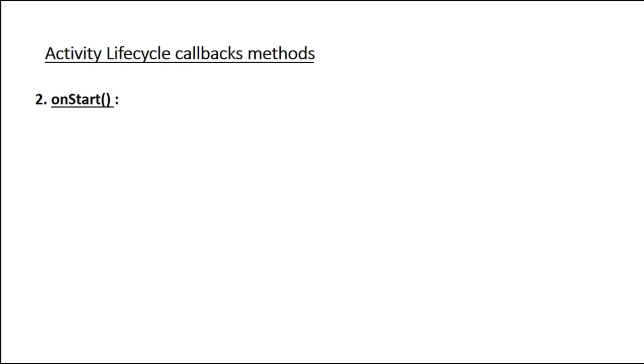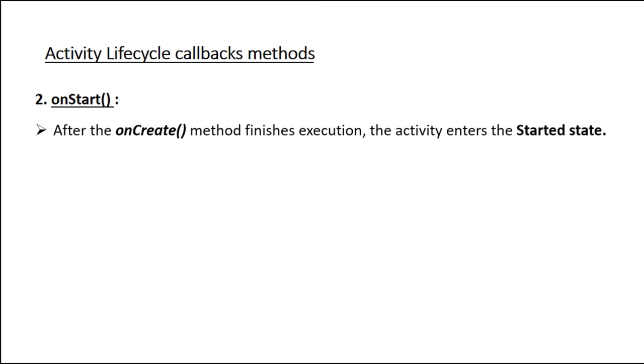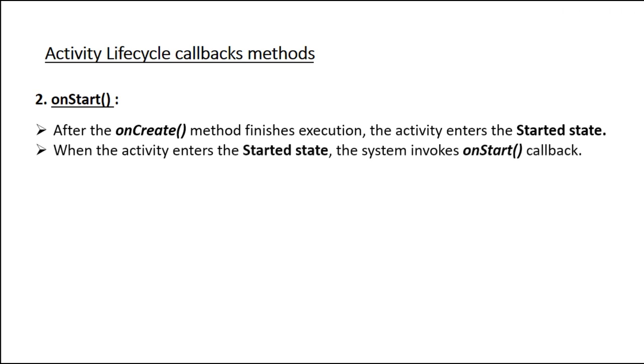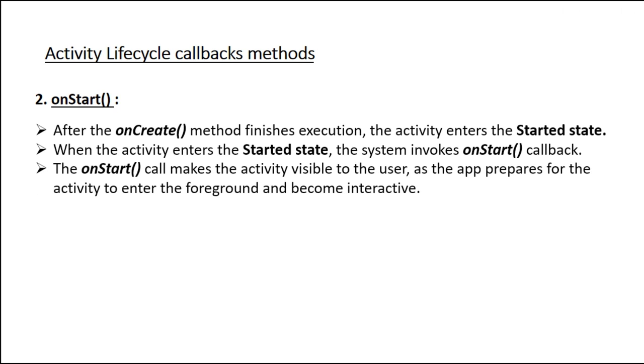Now the second method is onStart. After the onCreate method finishes execution, the activity enters into the started state. When the activity enters the started state, the system invokes the onStart callback. The onStart call makes the activity visible to the user as the app prepares for the activity to enter the foreground and become interactive.